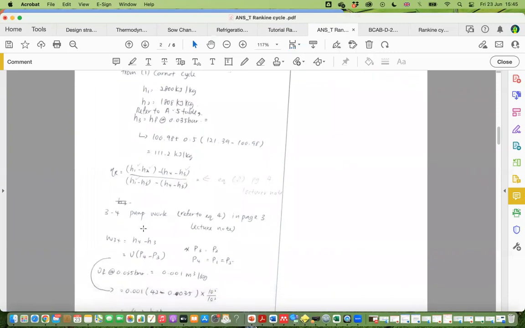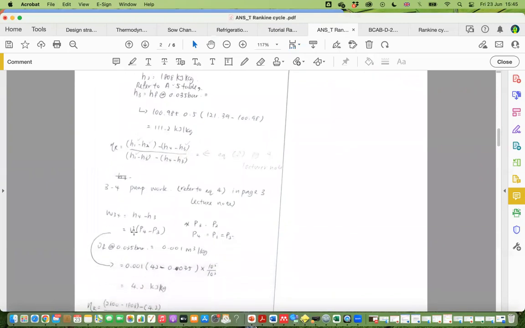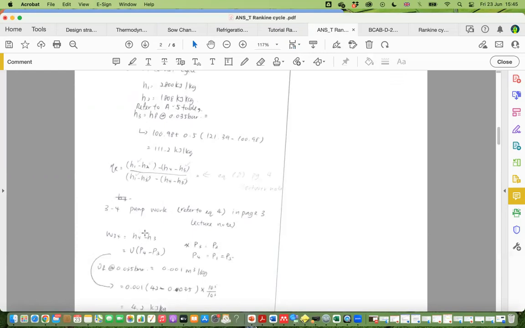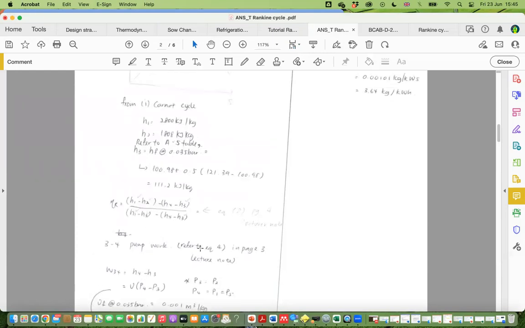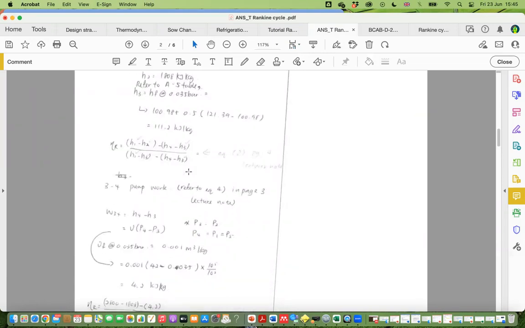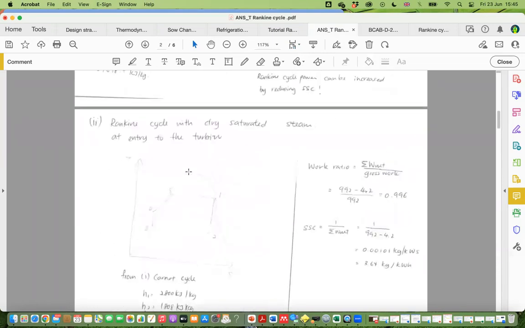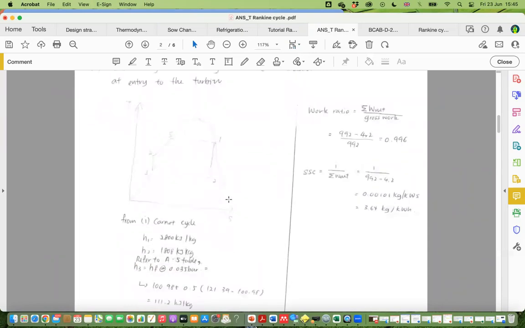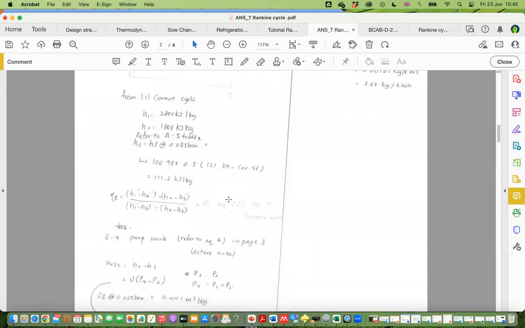The pump work, you can also refer to the specific volume times the pressure P4 minus P3. And if you look at the graph, right, P3 equals P2, P5 equals P1, and P4, P5, P1 is the same pressure. Is that okay?